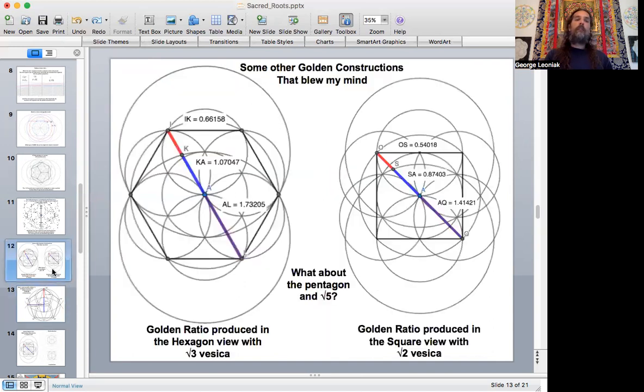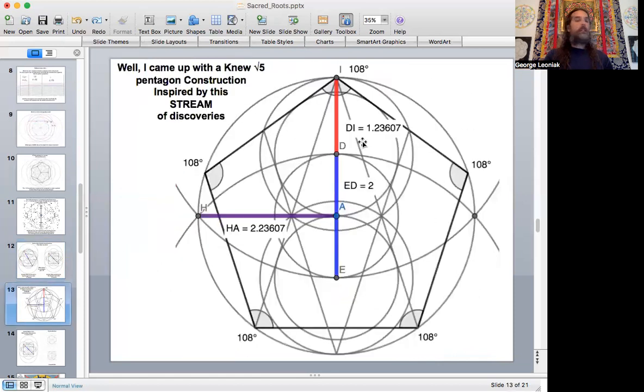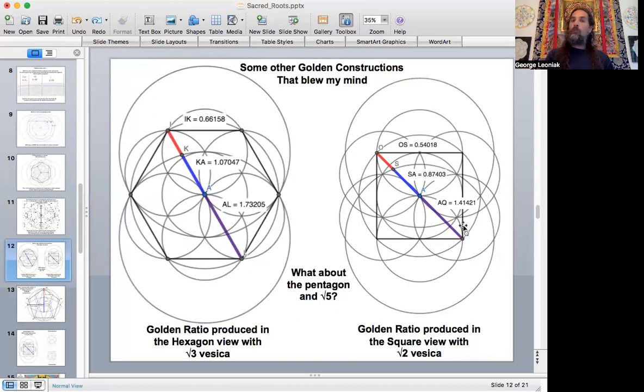And I wanted to have a trio of images here that all show how we can get the square, hexagon, and pentagon, all containing golden proportions within the base of the drawing, within their specific root, okay?